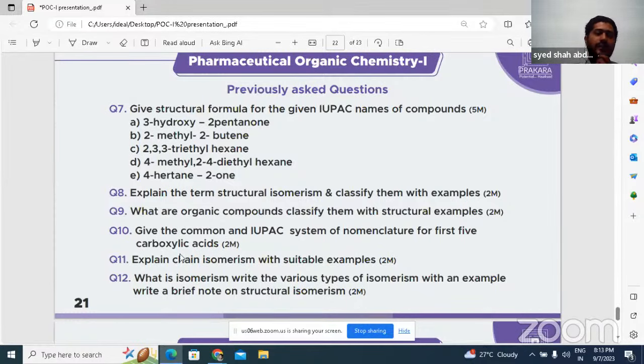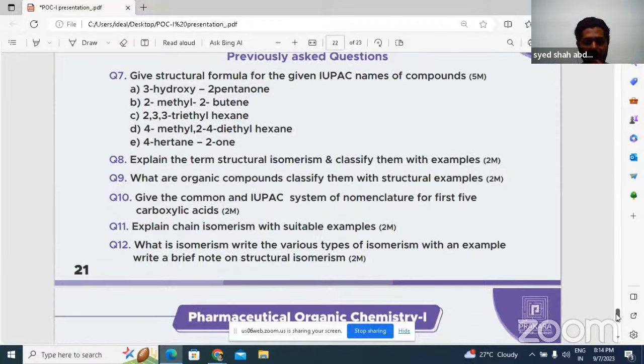So simply write the definition of chain isomerism, whether it is straight chain or branch isomerism: compounds having the same number of carbons and hydrogens, but they differ in whether they are straight chain or branched. Then you should mention an example. You can take any simple example, propane or butane. If you take 1-methyl propane, that is the most simple example.